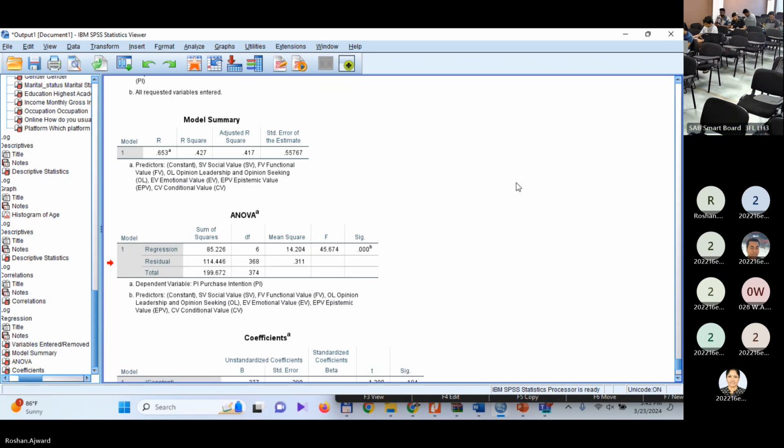The capital F test indicates whether the overall model (within brackets, equation) is valid or not.